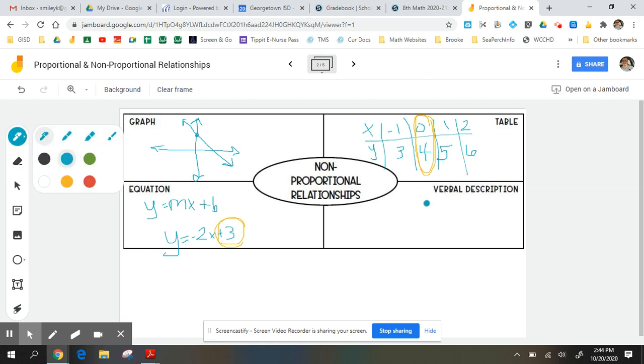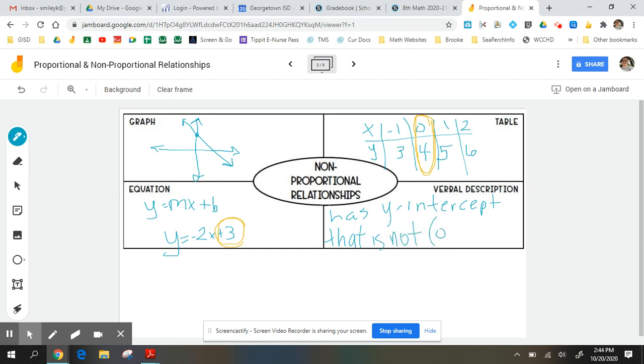And for the last, the verbal description, it has a y-intercept, and you can shorten that to int. It has a y-intercept that is not (0, 0). Let me erase all that.